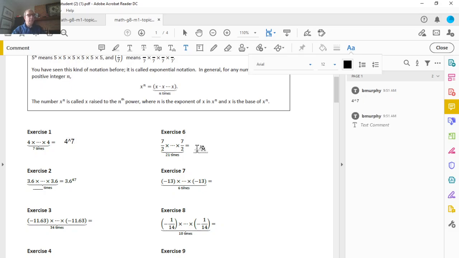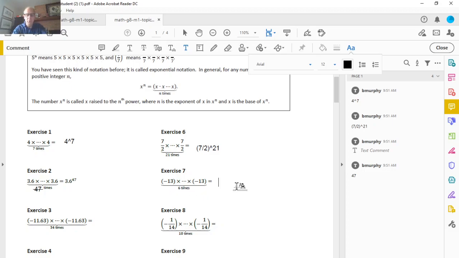All right. So this one, we have the fraction 7 over 2, and it's raised to the power of 21, so 21 times. This one, they've given us the answer, 3.6 to the 47th power. So down here, they want to tell us that there are 47 times you're multiplying 3.6. Exercise 7, we have negative 13, 6 times.